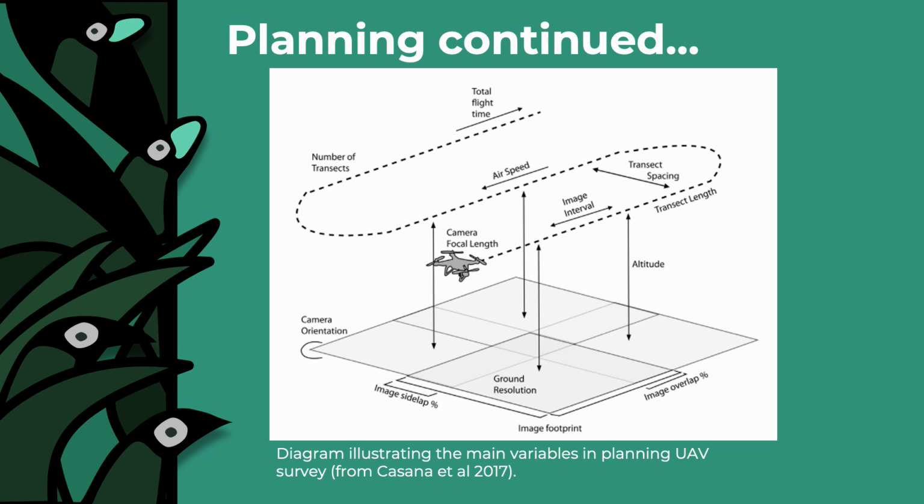Higher elevation flights require fewer photographs, but at the expense of image resolution. Depending upon the camera used, a flight elevation of 40 meters will provide ground image resolution of about 1.5 centimeters per pixel, while offering a reasonable degree of flight efficiency and safety.